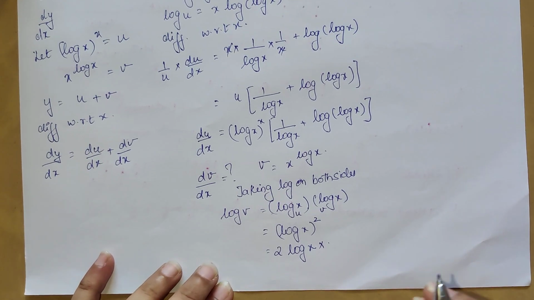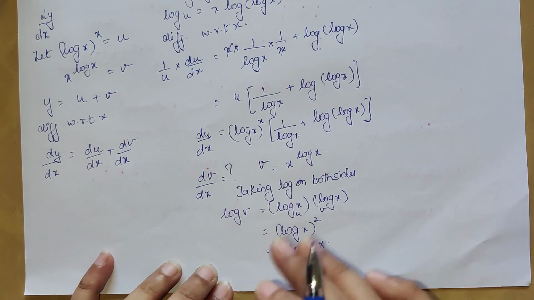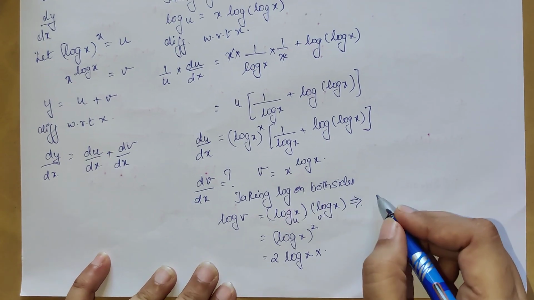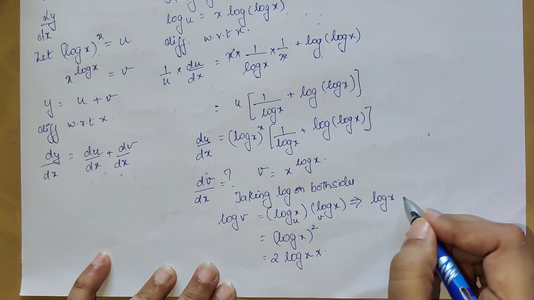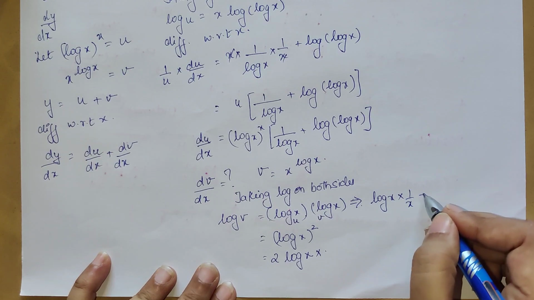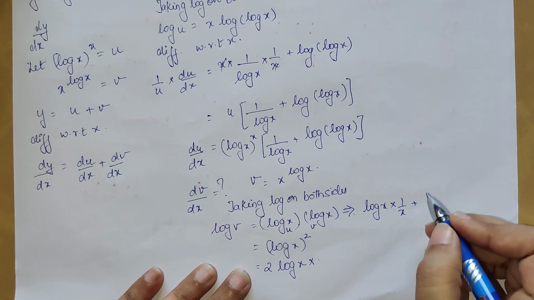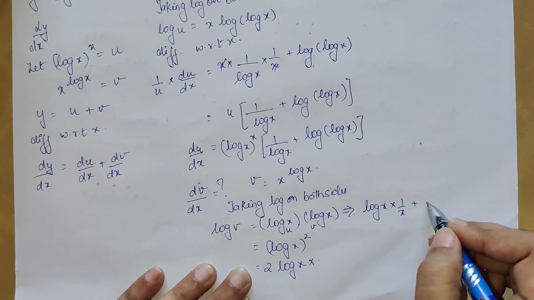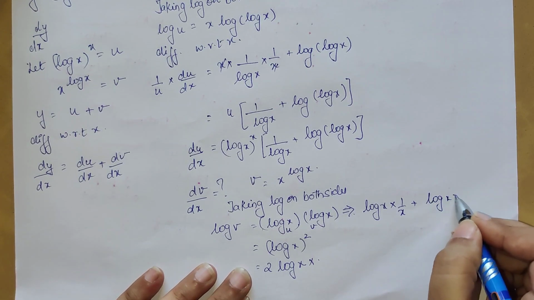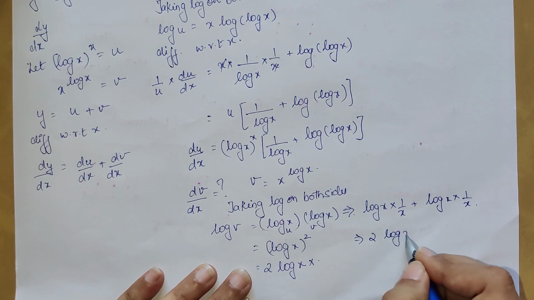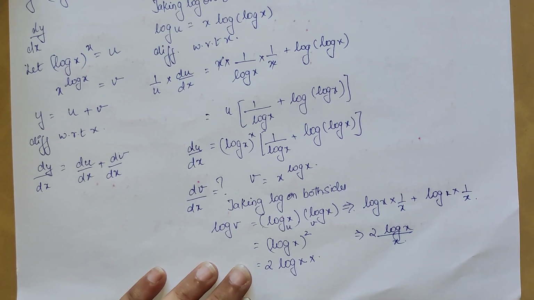Let's do this together. Okay, so when you differentiate this way, what do you get? Log of x into 1 upon x, plus again, what we get over here is log of x into 1 upon x. So here can I say I get nothing but 2 log x upon x, correct?